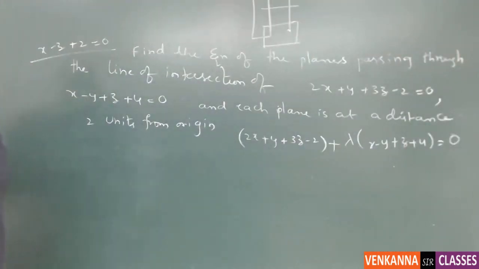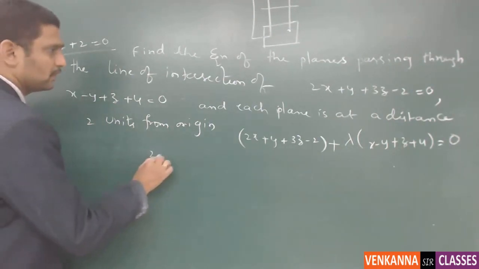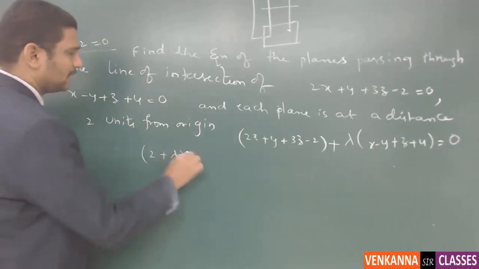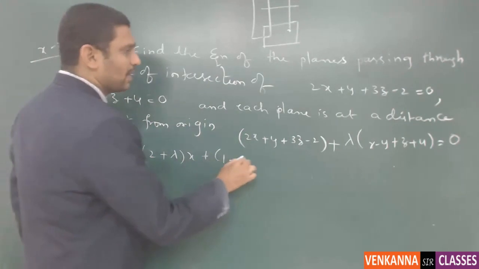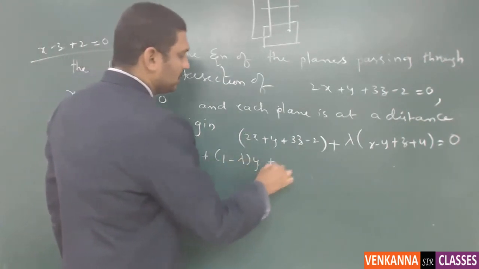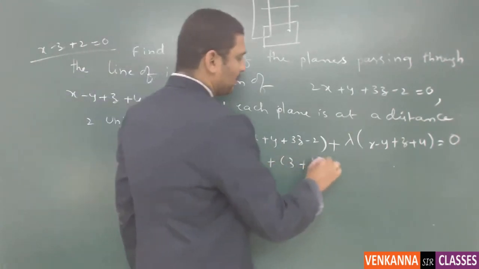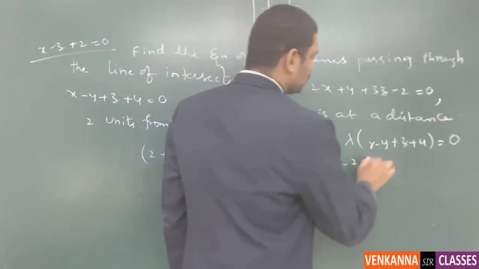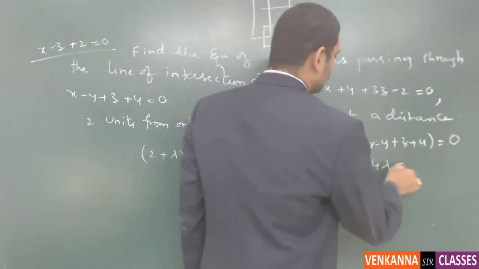Taking common x, y, z coefficients, you have 2 plus lambda into x plus 1 minus lambda into y plus 3 plus lambda into z minus 2 plus 4 lambda equal to 0.